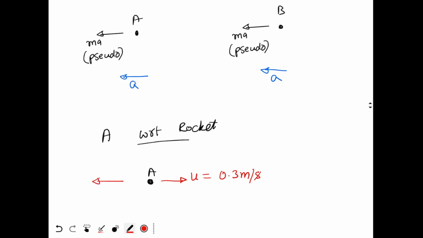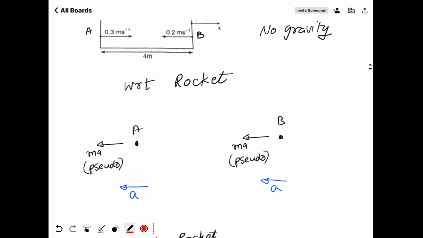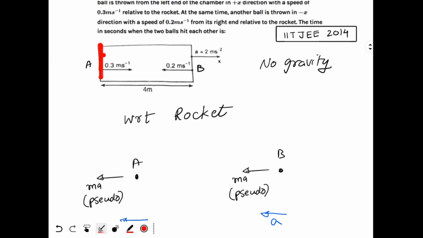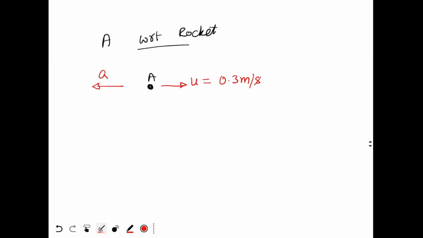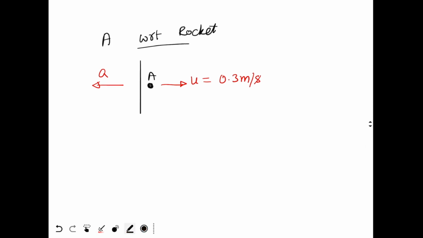So let's find out, from the left side wall, the maximum distance the particle A will go away. The wall is right now in contact with A. Let the maximum separation be x max.